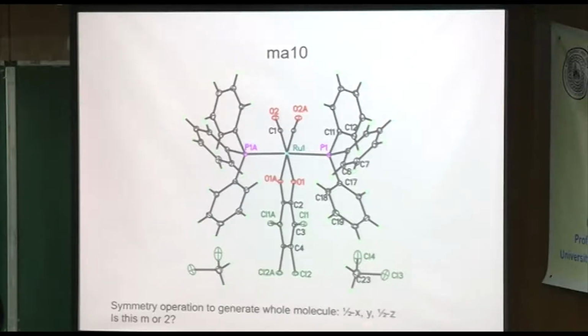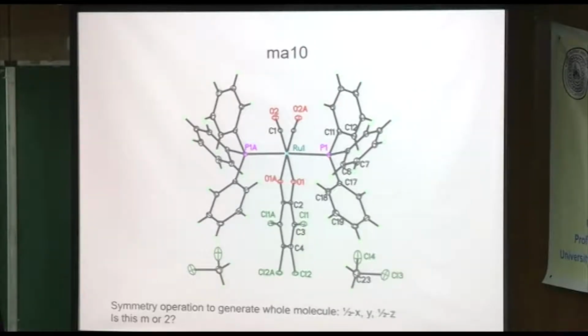If only one is changing sign, it's a mirror, because it's just reflecting. So this is a key to tell you that it's a twofold. O1 goes to O1A by a twofold rotation. And O2 to O2A, again, it's rotation. Cl2, C1A, rotation.